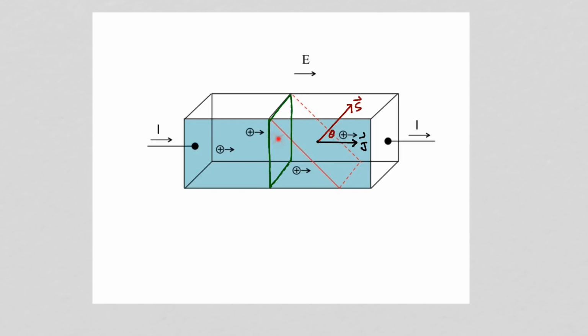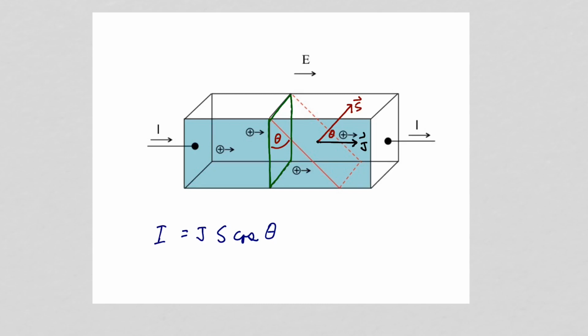So you can think of this as a right triangle where the hypotenuse is area S, and this side is the area you want to find, so it's the hypotenuse S times the cosine of theta. So the area of this plane, S cosine of theta, times the current density will be the current flowing through this plane of observation.